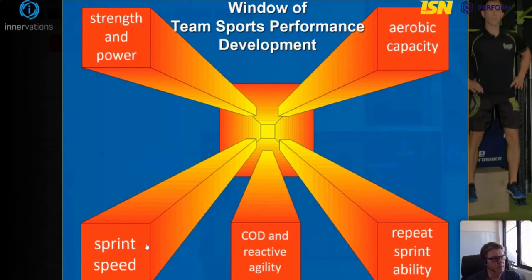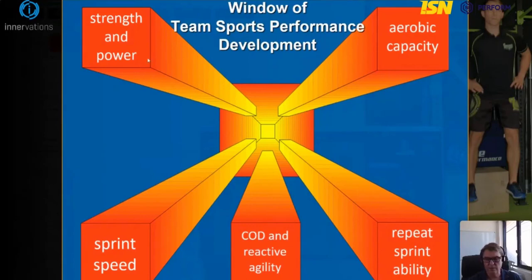Now, I've left out other aspects of team performance here, such as in football, such as skill, for example, and team tactics and those sort of things. We're limiting our discussion to actual physiological characteristics within the athlete. So in this particular model, we see that for football, of course, aerobic capacity is very, very important, but also repeat sprint ability.